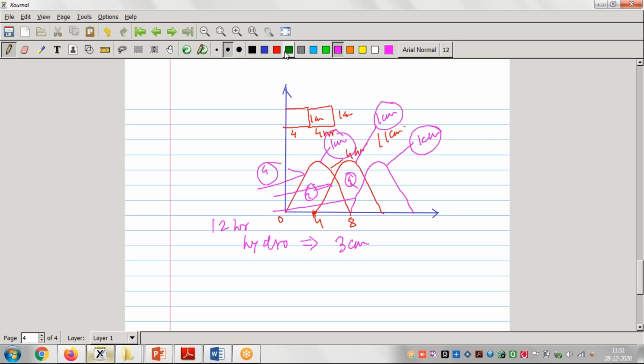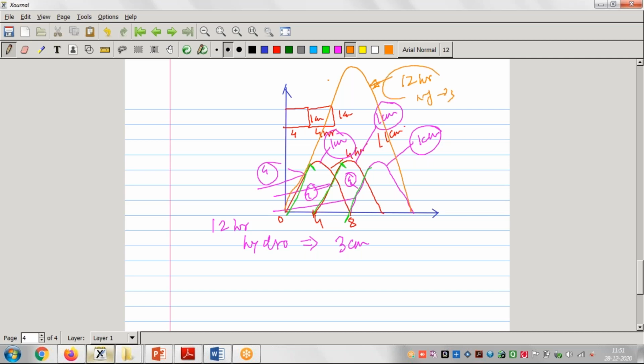So if I join and make the graph, I see this much portion, and again this much portion, and again this much portion, if I add, you know I will get the graph like this. Here it will come here and again it will come here like this. So this graph will be the 12-hour hydrograph, but because of 3 centimeter rainfall.